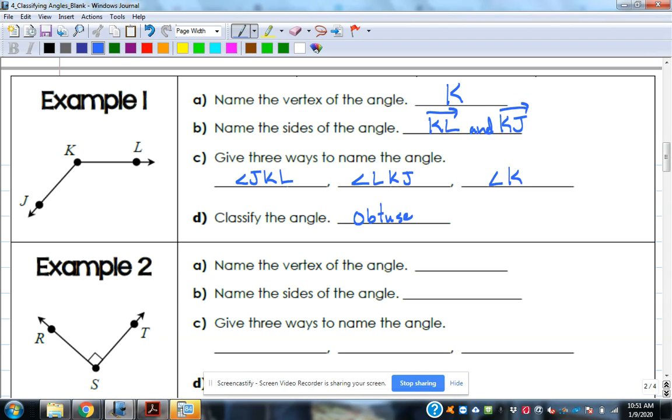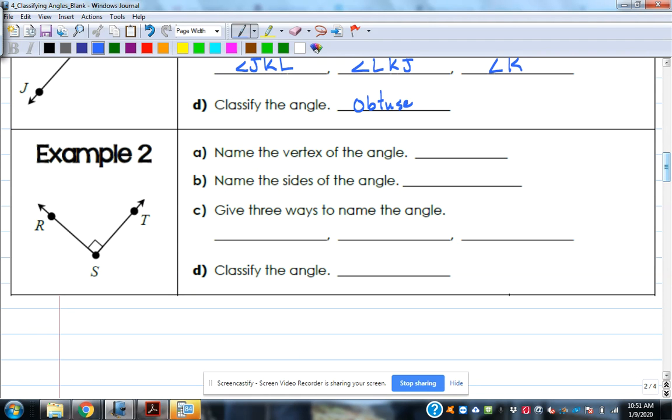Okay. Easy enough. Example 2. Another easy one. Name the vertex of that angle. Name the sides. What SR and what ST? Ray SR and ray ST. Just being specific, being intentional about some things there, as we're getting into this notation stuff.